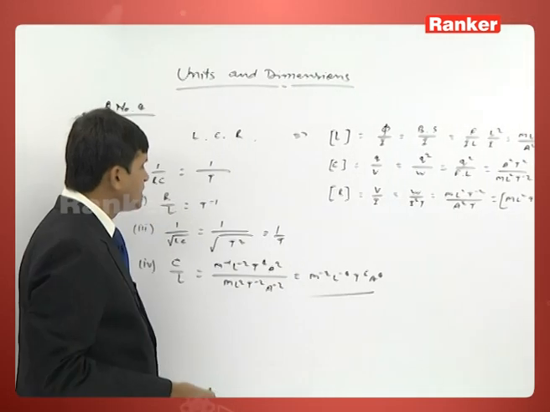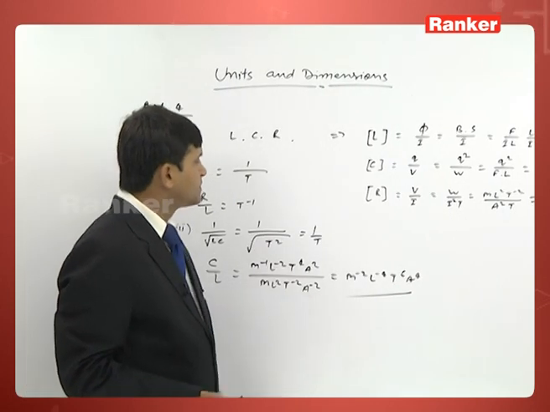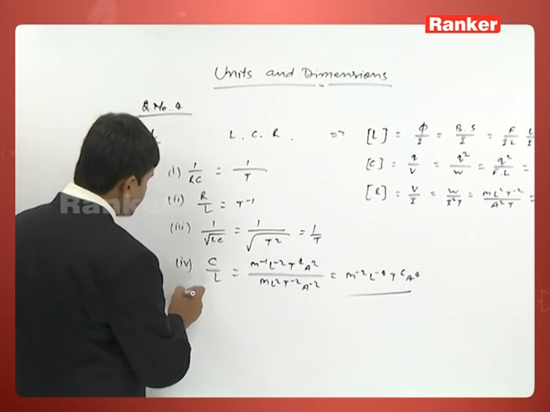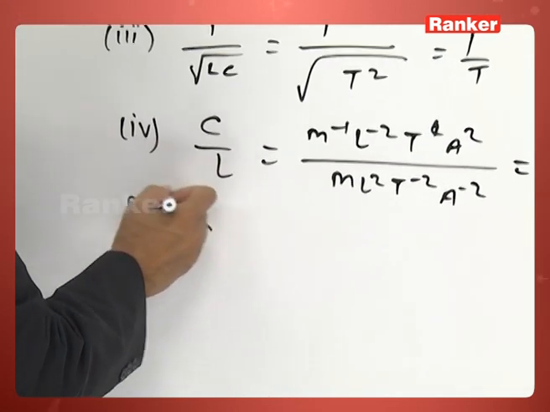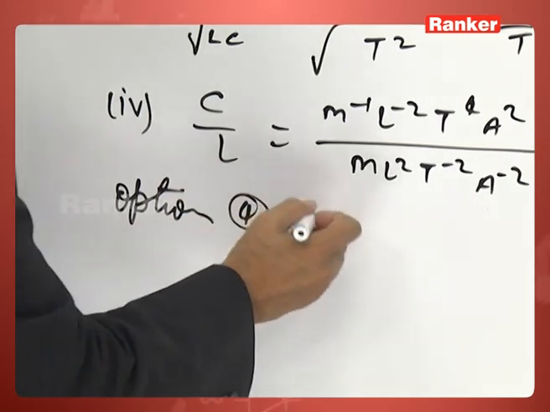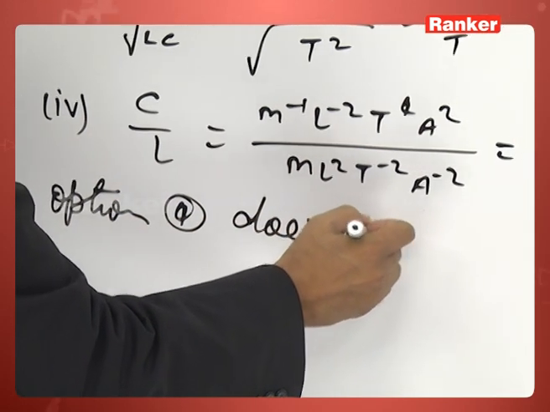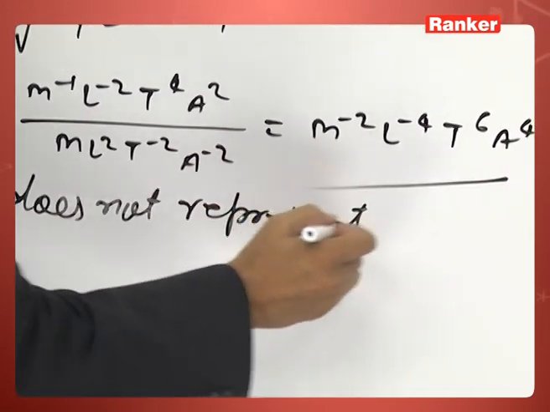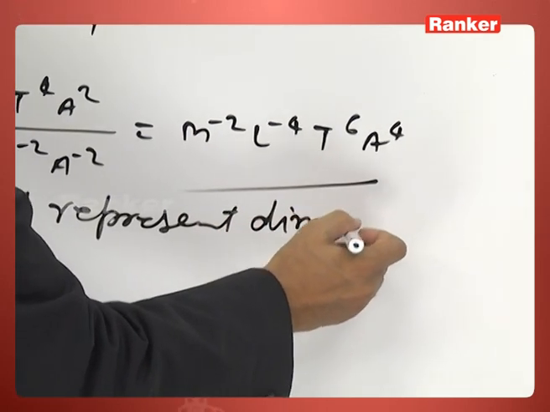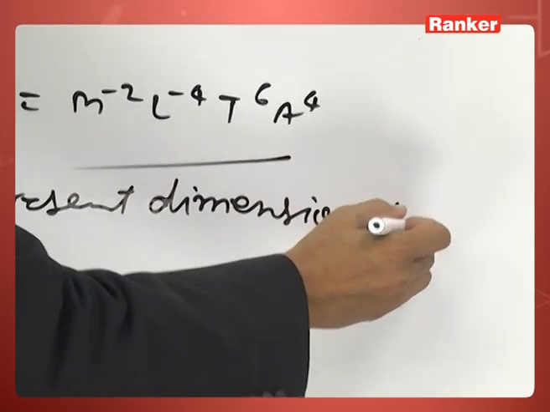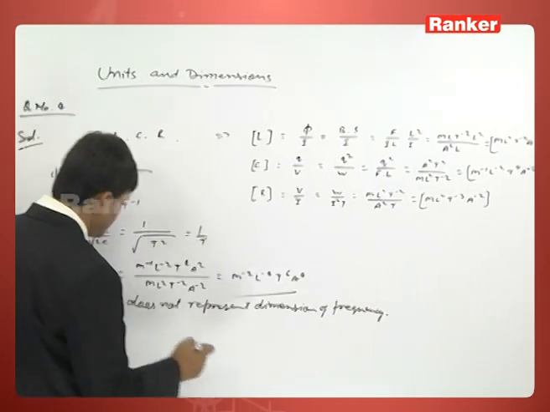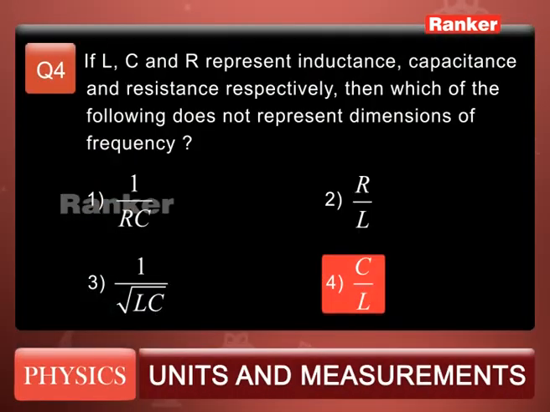So this is not the dimension of frequency. So option 4 does not represent the dimension of frequency. So the answer is option 4, the correct option.